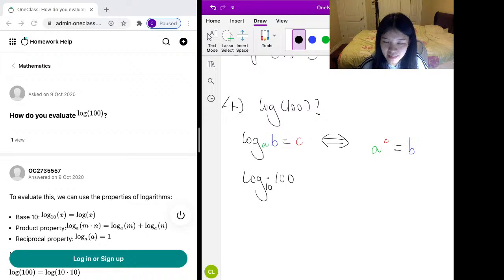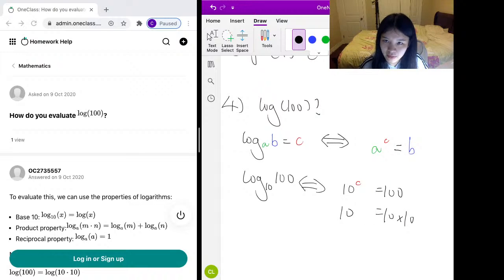So we know it is actually asking us for the value of c. Our a is 10, our b is 100, and our c is a question mark. So the question is 10 to the power of what equals 100, which is really simple because we know that 100 is equal to 10 times 10.